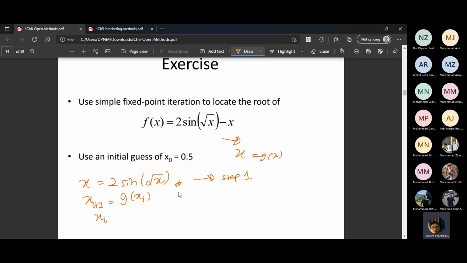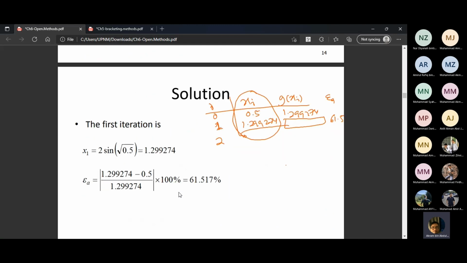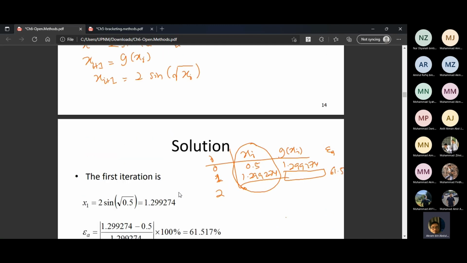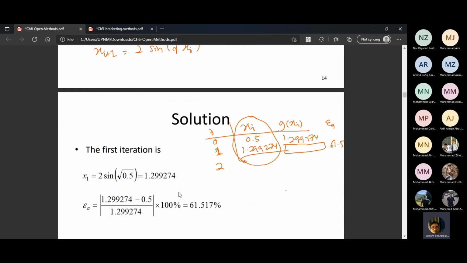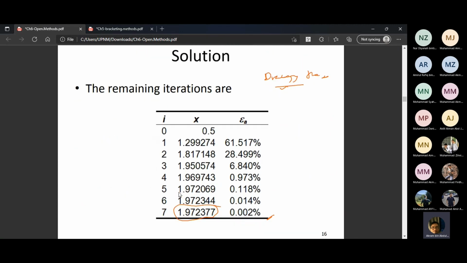So x sub i plus 1 is equal to 2 sine square root of x sub i. So what we can do is build up the table, and we will get this kind of table.